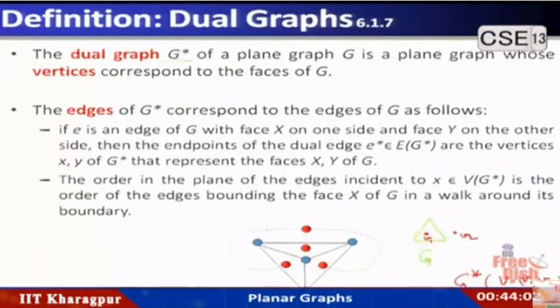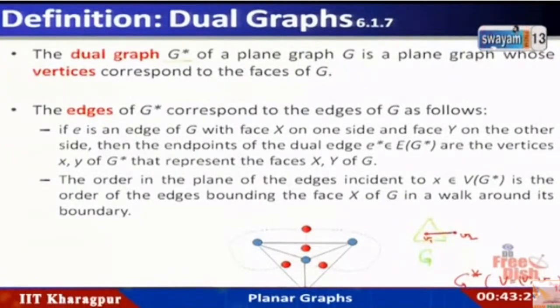As far as the edges of the dual graph are concerned, we will draw the edges. If E is an edge, here this is an edge, with face X on one side and face Y on the other side, then the endpoints of the dual edge are the vertices X and Y. So you see that V1 is a vertex on one face of G, and V2 is another vertex on another face of G, and there is an edge.